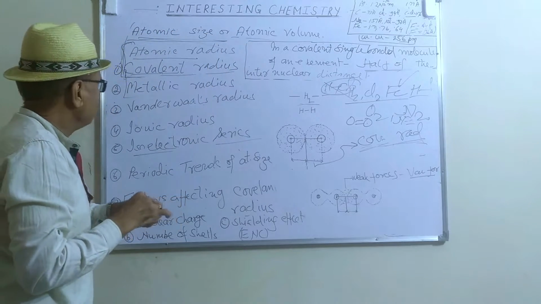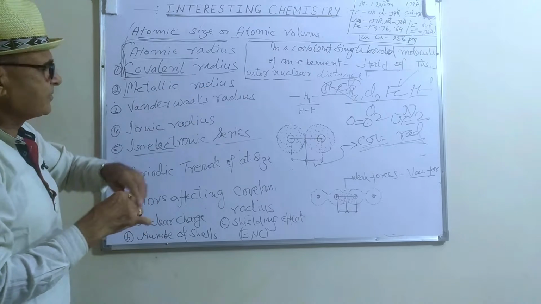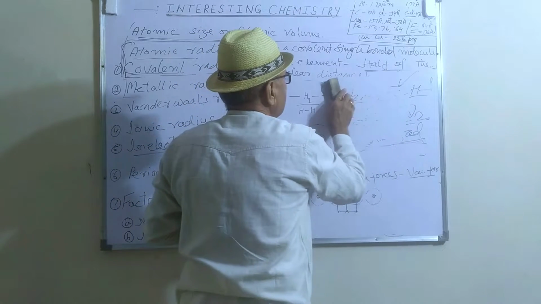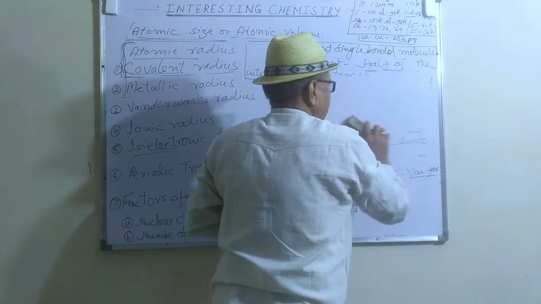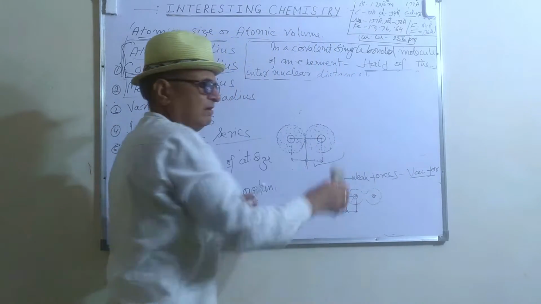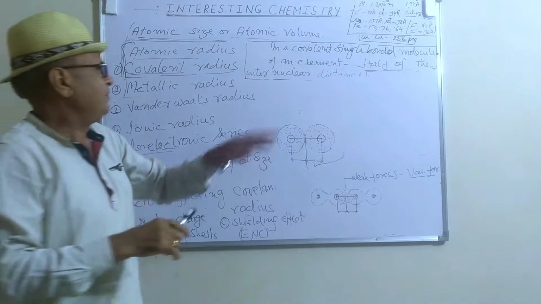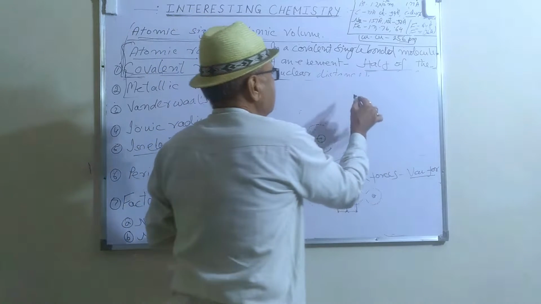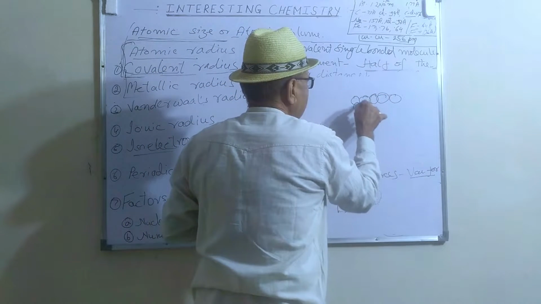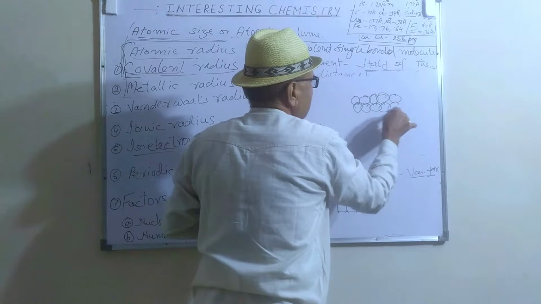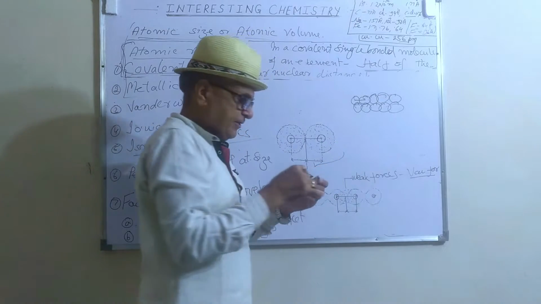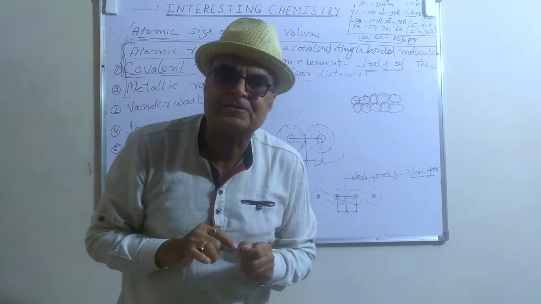Now come to the metallic radius. What do you mean by metallic radius? In a metal lattice or a metal crystal, the same thing applies. Suppose these are the atoms of the metal. Again, you will find the internuclear distance.